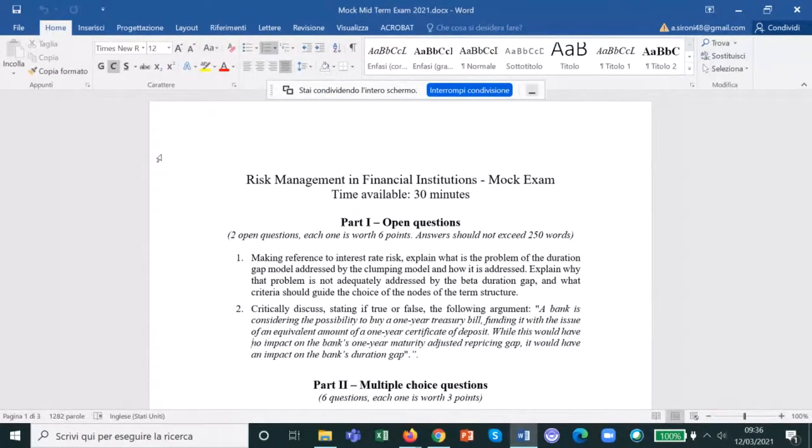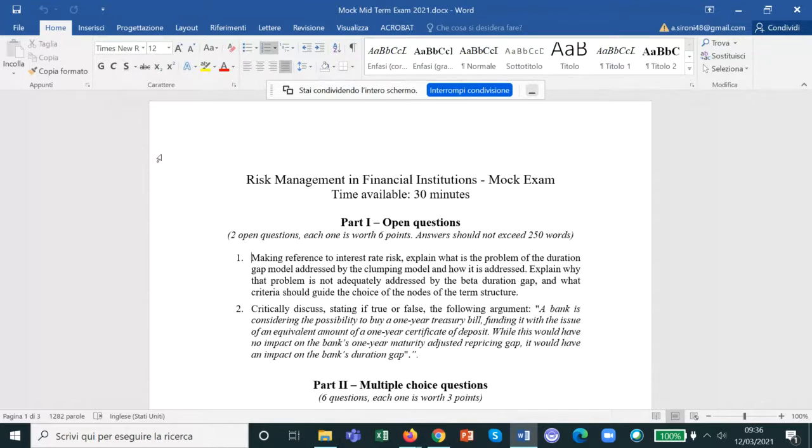Now, as you can see, the exam has two parts. One is two open questions, and pay attention. One is very descriptive. For example, here it refers to interest rate risk: explain what is the problem of the duration gap model addressed by the repricing model. Well, the duration gap model does not take into account the possibility of different changes of interest rates of different maturities, and you must explain why that problem is not adequately addressed by the beta duration gap.